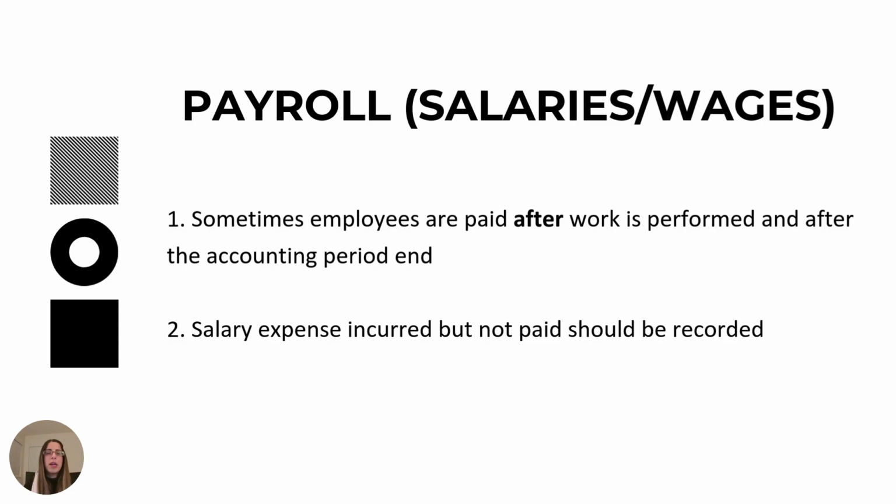Another type of expense that needs to be accrued at the end of the period is payroll. Sometimes there are situations where we pay employees after work is performed and after the accounting period end. That means we've incurred the salary expense, but we actually haven't paid it, but we need to record it.